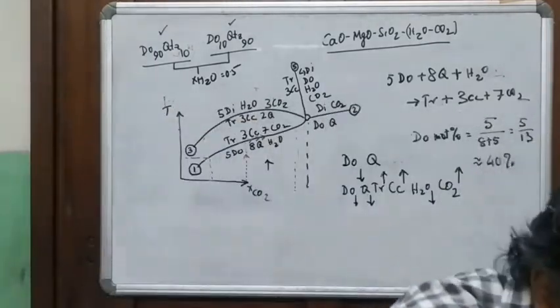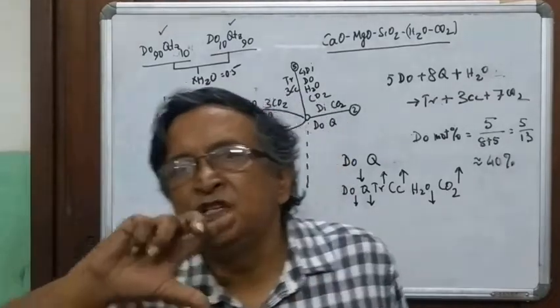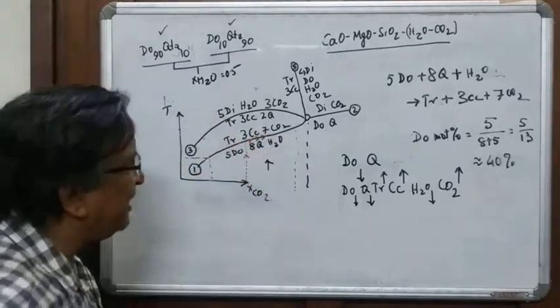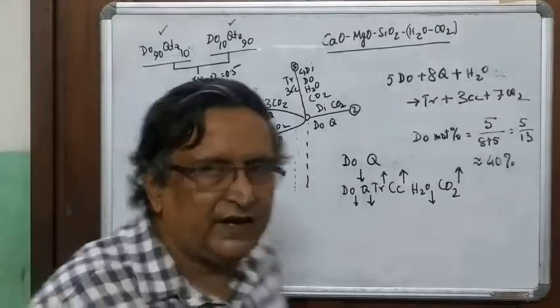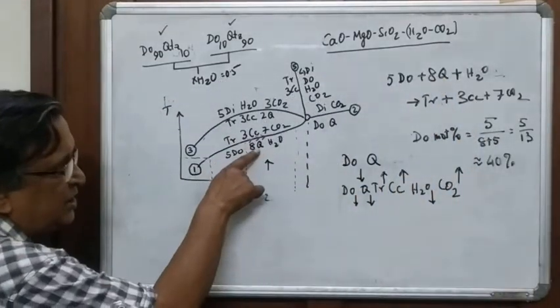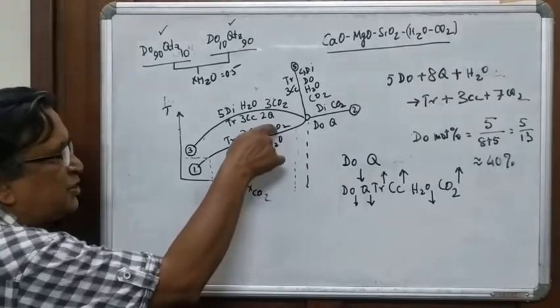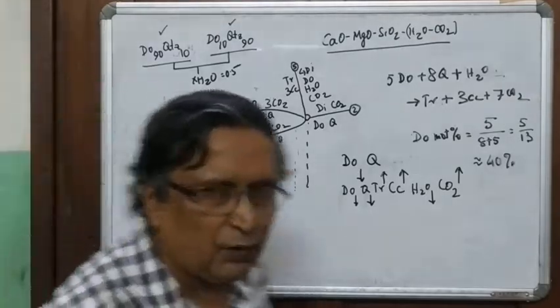So the fluid which was in equilibrium with the rock, in which CO2 will increase, and there is only one way by which it will increase: this direction, no other direction. So if you have dolomite and quartz reacting in an H2O-CO2 fluid, H2O will be consumed, CO2 will be produced, and so will be tremolite and calcite in the ratio 1:3.